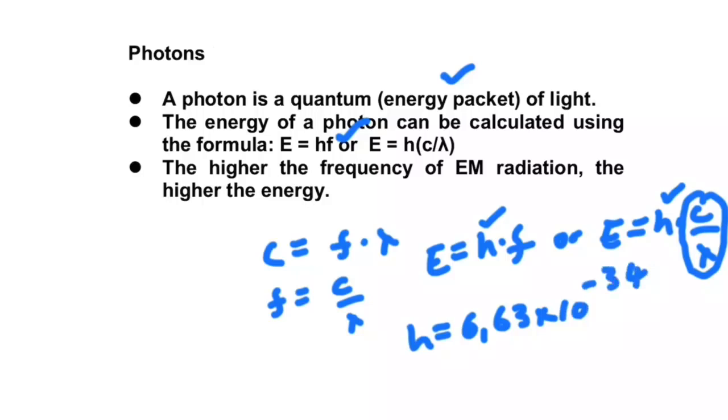You don't really have to worry about the SI unit. So there we go. The energy of a photon is equal to Planck's constant multiplied by the frequency. It's easy to see that the higher the frequency of the EM radiation, the higher the energy, because they are directly proportional to each other.